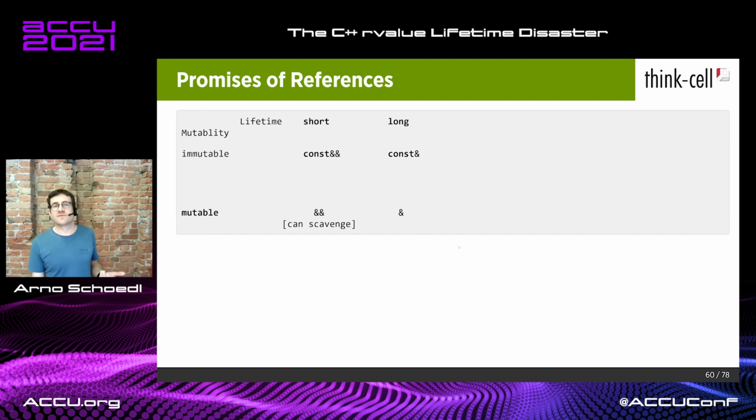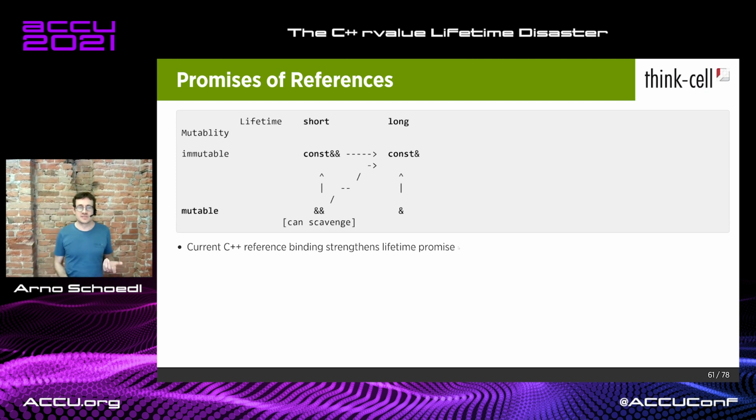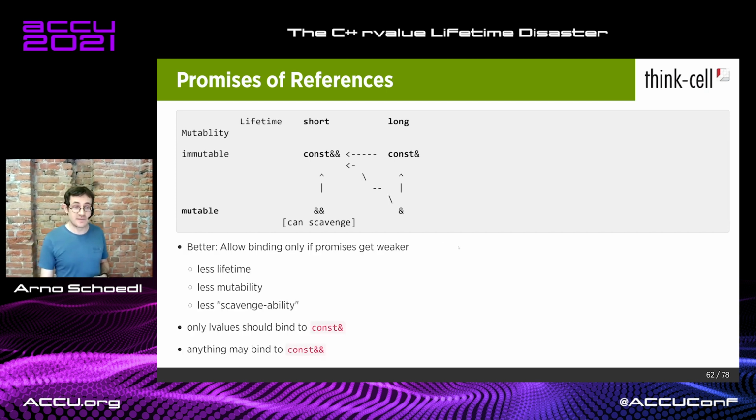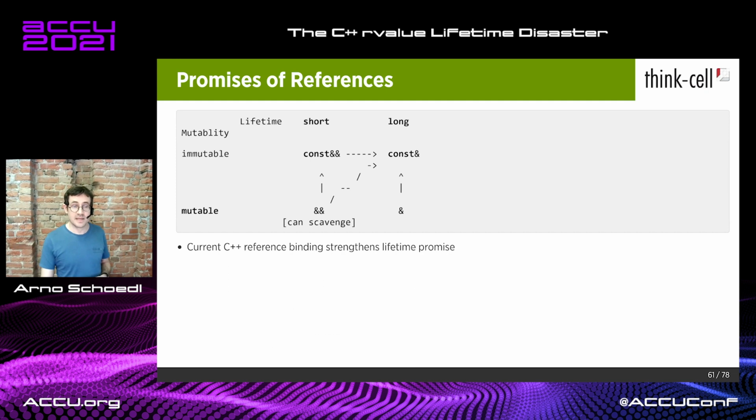Okay, so what kind of conversions are now allowed in C++? Here they are. The constant lvalue reference takes everything. It binds to everything. And the constant rvalue reference only binds to rvalues. So this is the current state of the art. And you can see that it has a problem because it goes from a short lifetime to a long lifetime here and there.